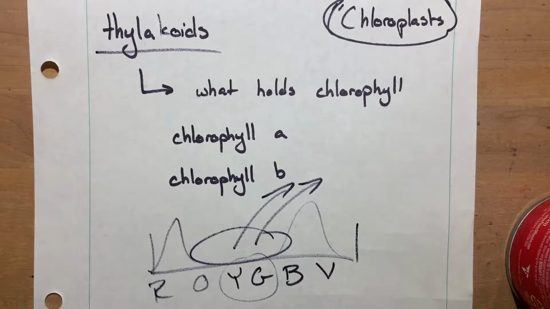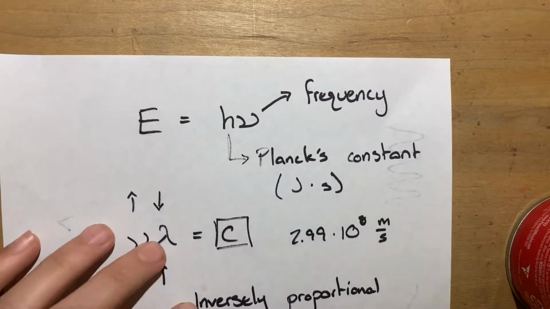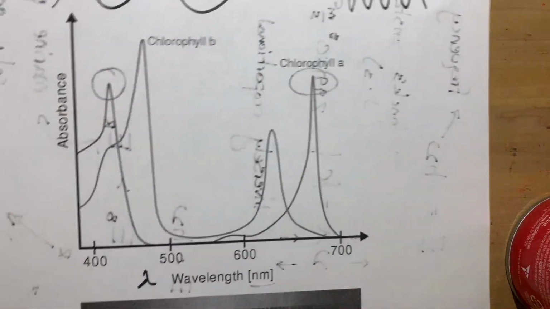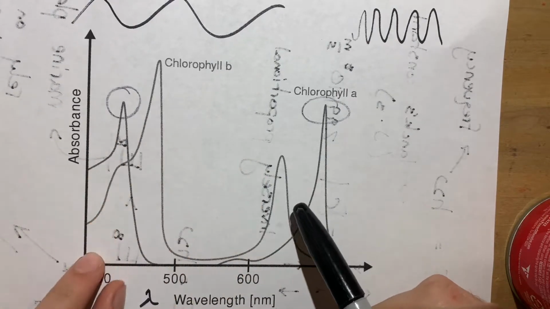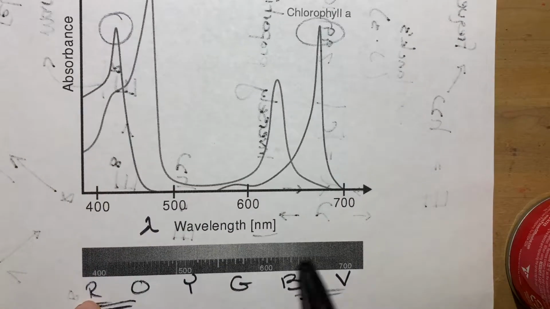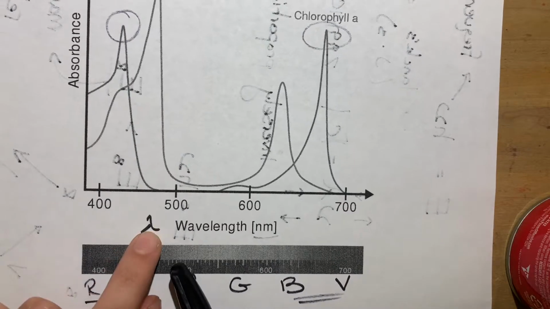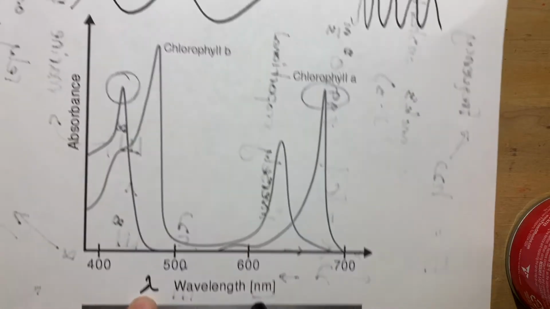And so we're going to get into how light really plays a role here. So actually, you know what? We're going to go back to the graph for a little bit. So ignore all the Sharpie on the back, sorry. This is your visible spectrum, again, Roy G. Biv. This is wavelength, lambda, in nanometers.